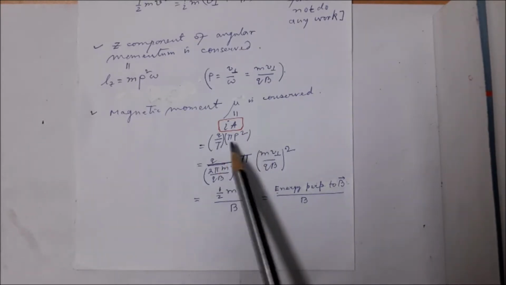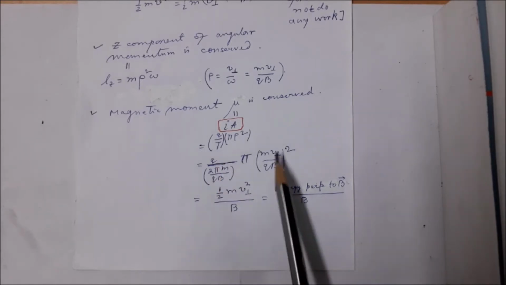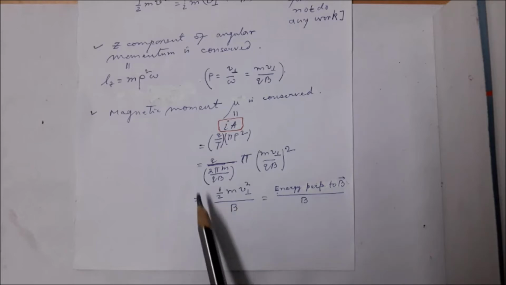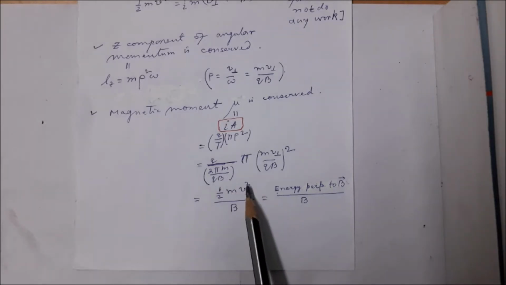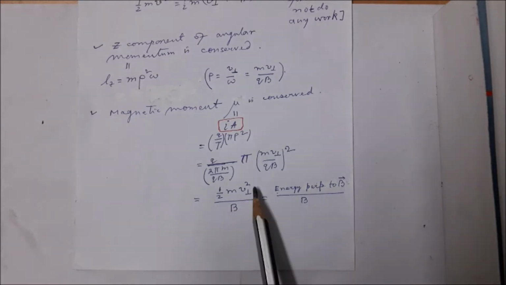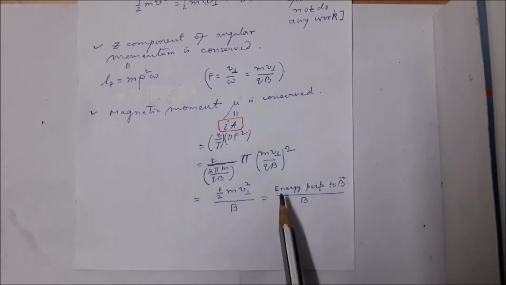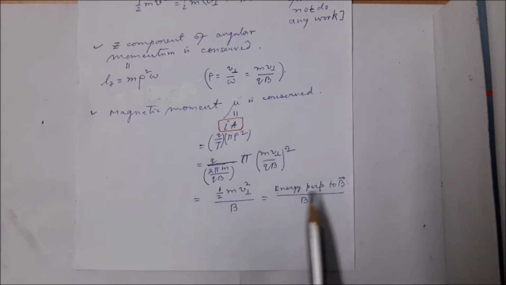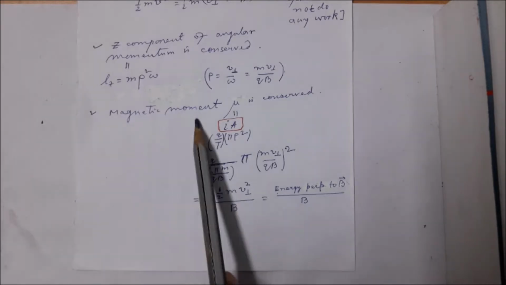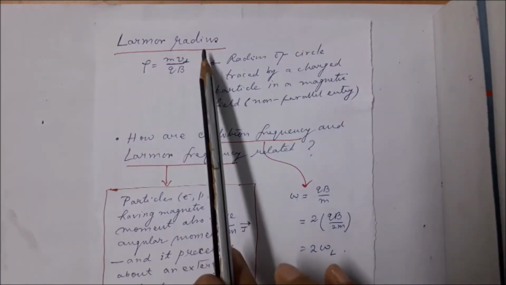So putting these values and then putting the value of time period and simplifying, we get this value, which is half mv perpendicular square by B. Now the numerator is actually the energy involved in the plane perpendicular to B, that is transverse to B, and this magnetic moment is conserved.